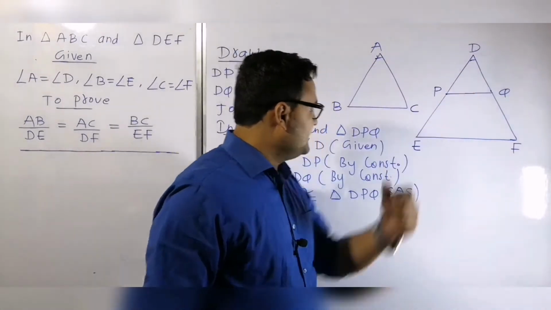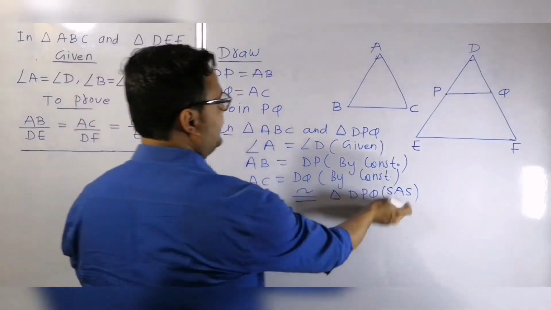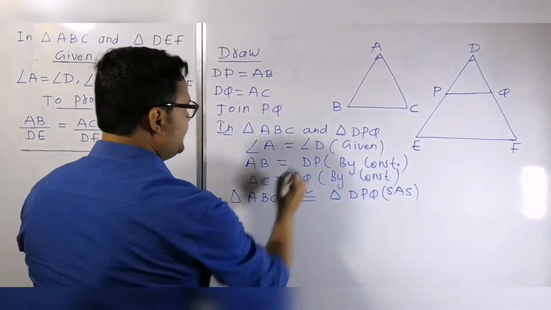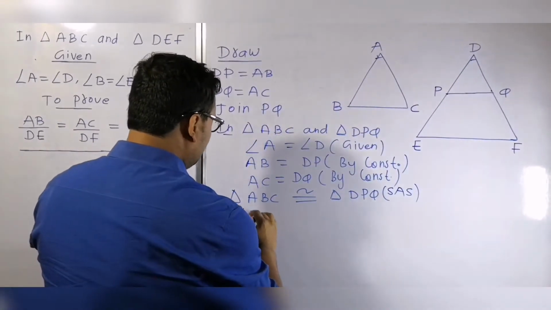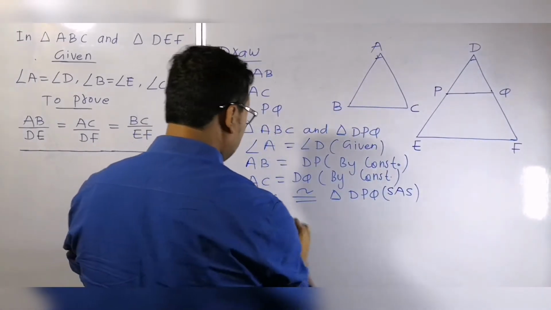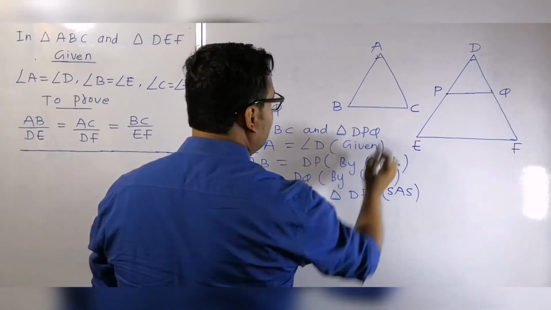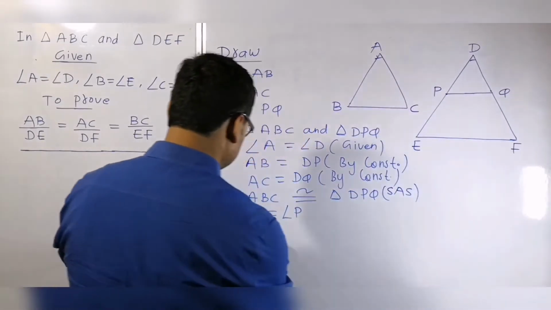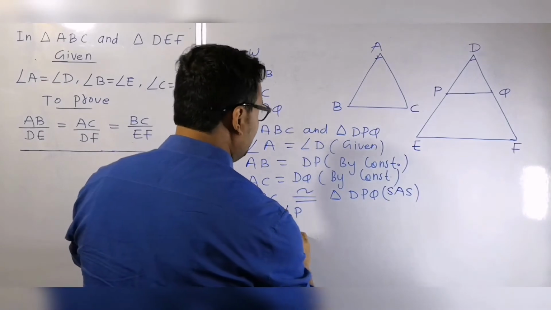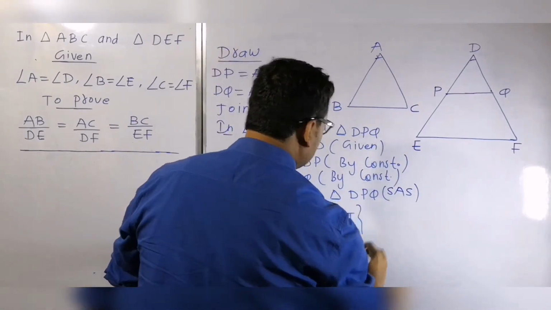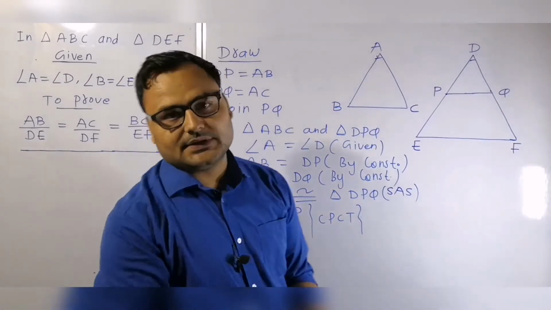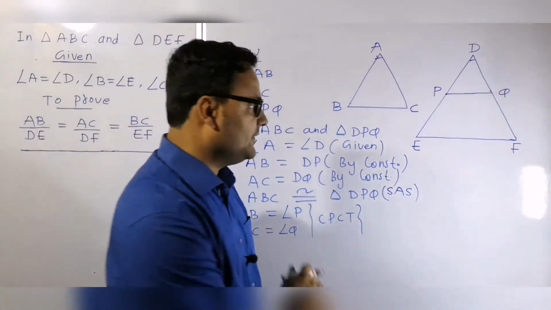Now when these two triangles are congruent, I can say angle B equal angle P, and angle C equal angle Q, and the reason is CPCT, corresponding parts of the congruent triangles are equal.